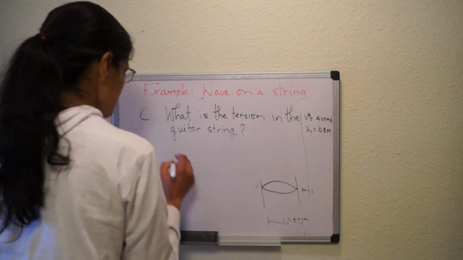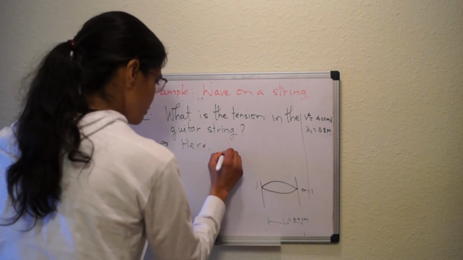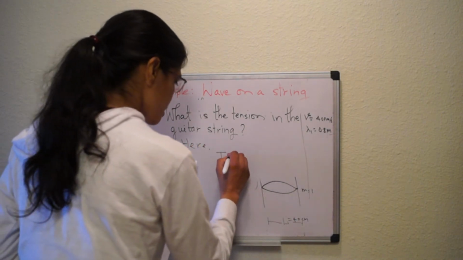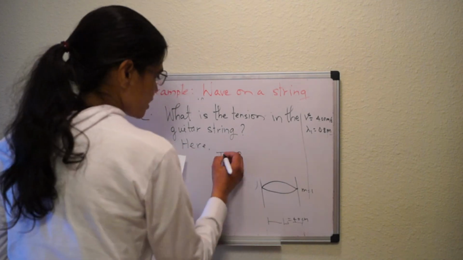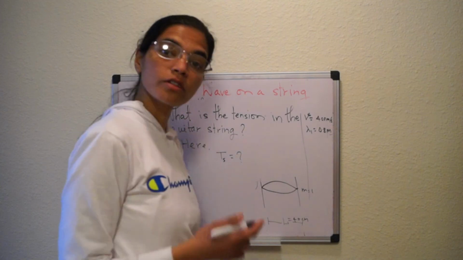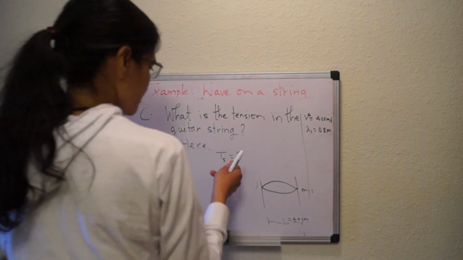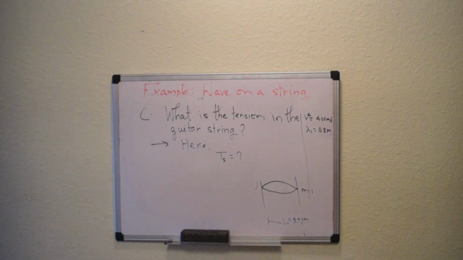What is the tension? So here we are asked, with all this given information, what T is equal to. Let us set Ts as the tension on the string so we don't get confused between the period and the tension, okay? So please give yourself a couple of minutes and try to work on this as well.